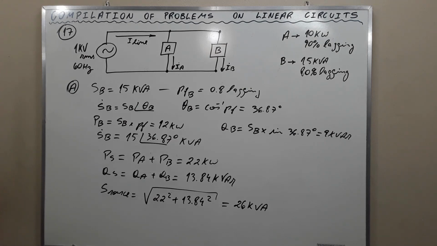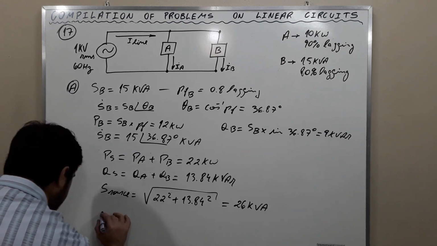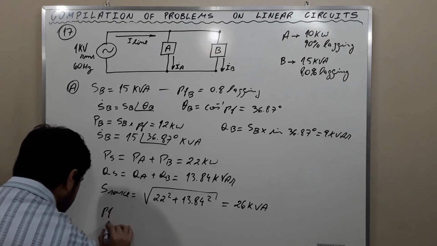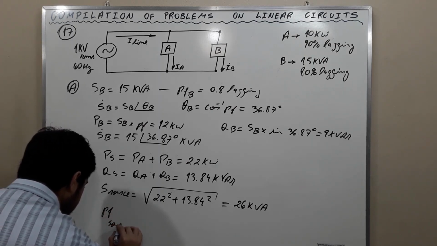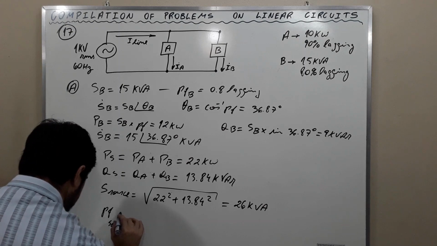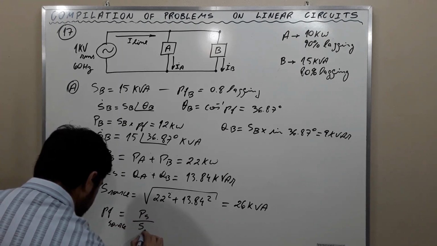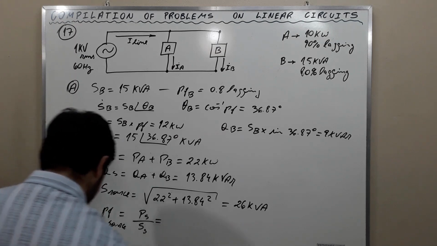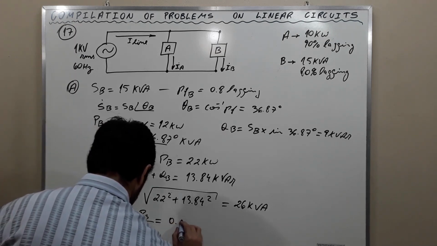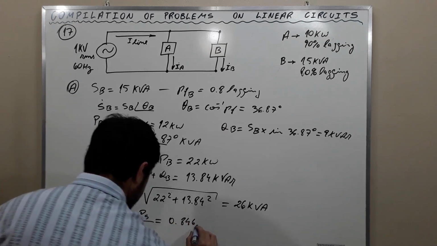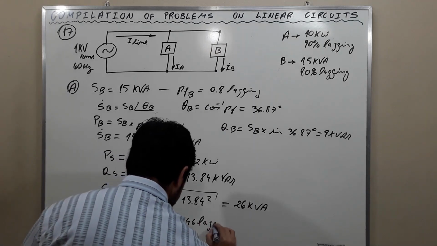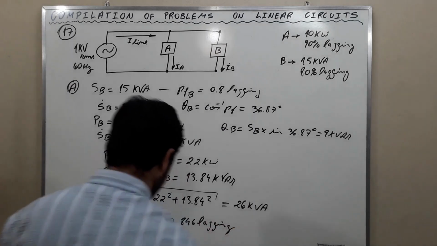This is the apparent power supplied by the source. And the power factor seen by the source is computed from these values, okay?